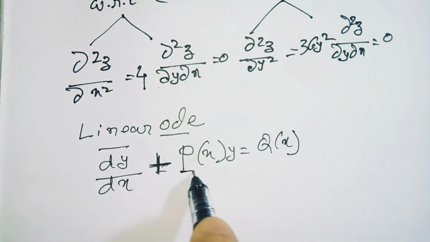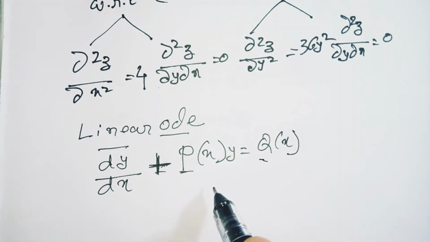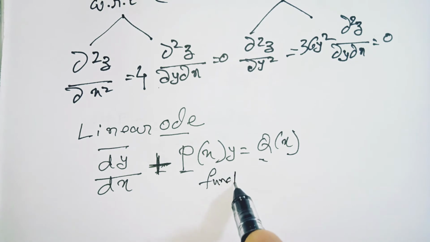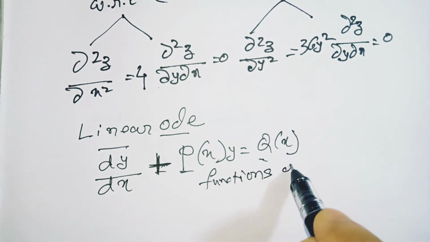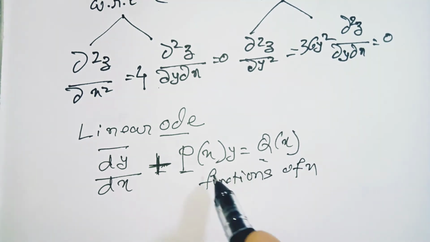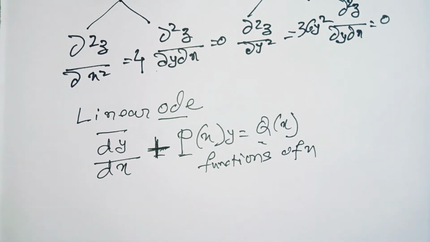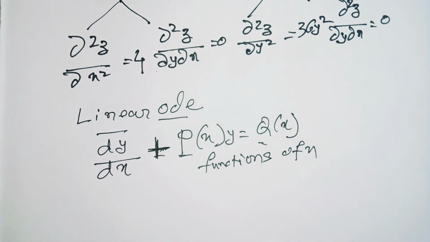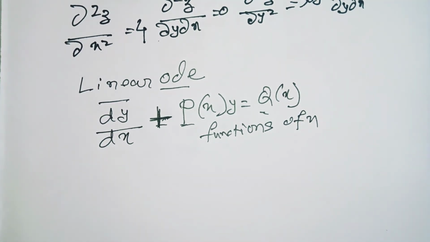So here p and q are both functions of x. Now let us quickly see an example. If I take an equation like this, let me use a different color.